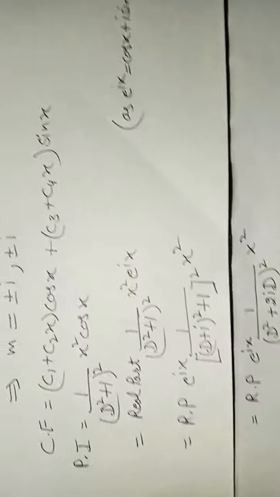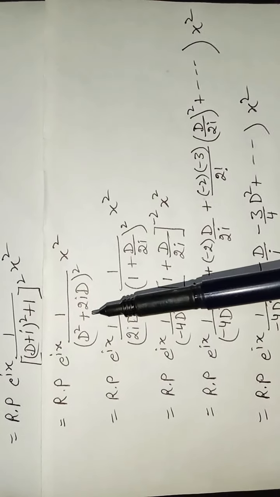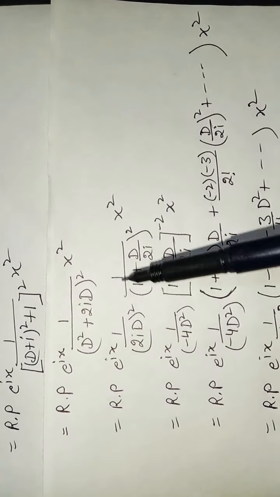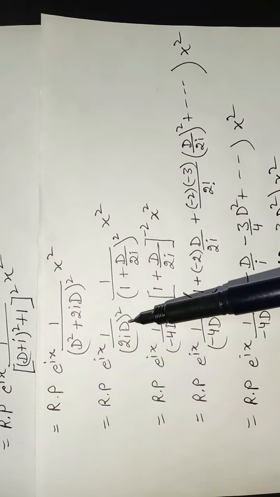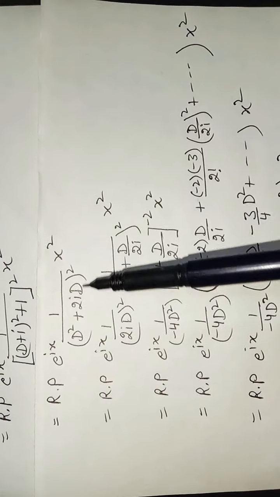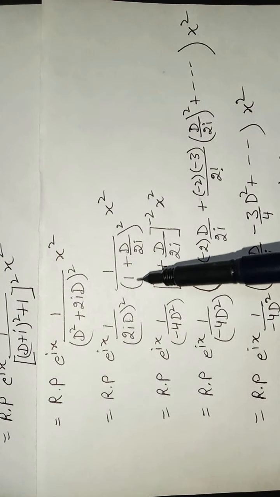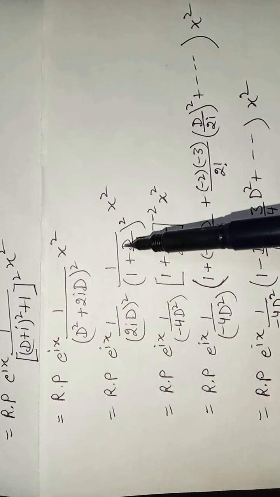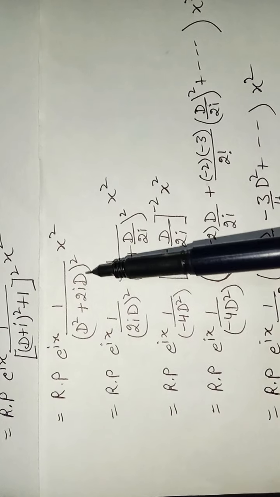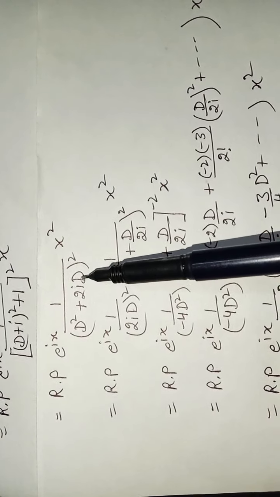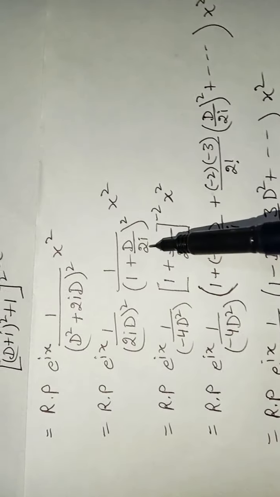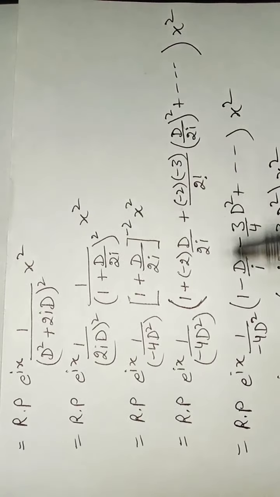We have (D² + 2ιD)² operating on x². So (2ιD)² can be taken common from this bracket, and in this bracket what is left? 1 plus (D/2ι)², because I have taken this part common, so 1 is left there, and here I have (D/2ι)² operating on x².